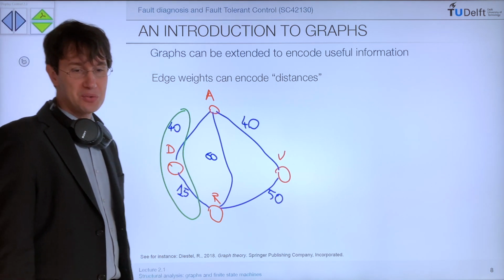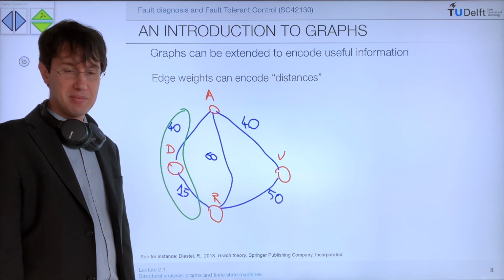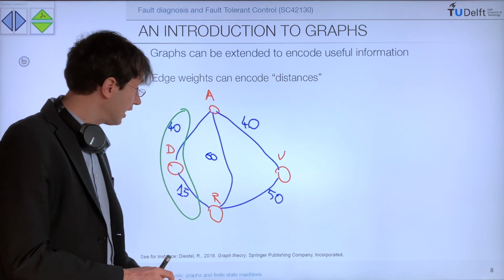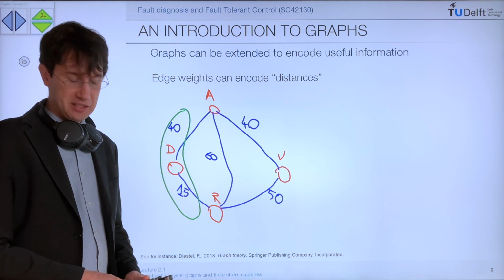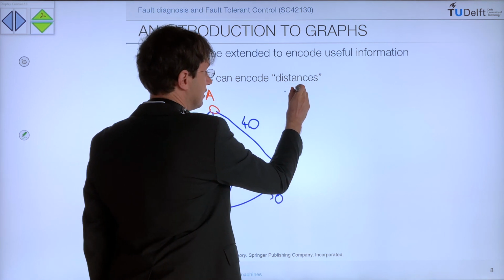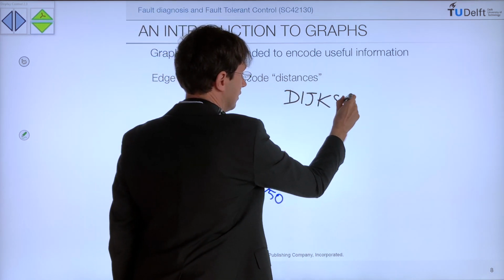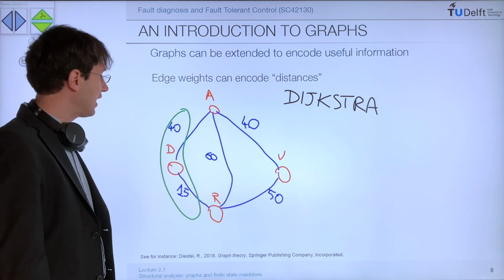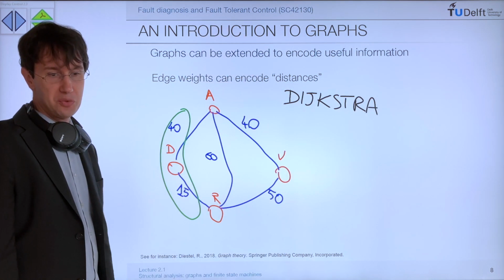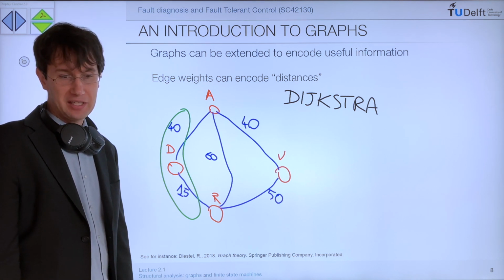This is what tools like Google Maps are doing in order to find the best route for you. And the algorithm that is used is called the Dijkstra algorithm. In reality, Google Maps is not doing this exactly, but is attaching a different weight to every edge.